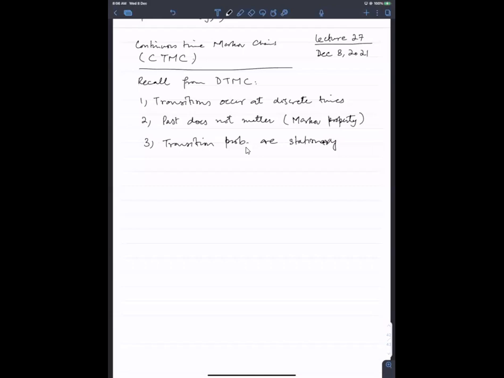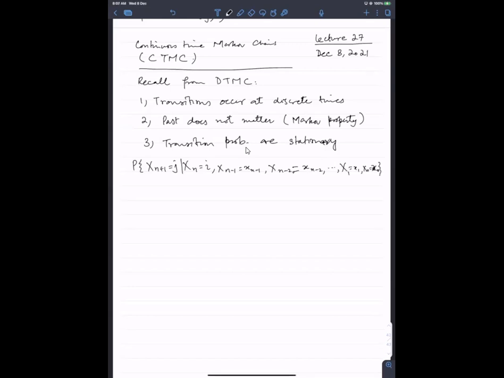So the way of representing the discrete time Markov chain was the probability that X(n+1) is equal to j given X(n) is equal to i, and given everything before: X(n-1) is equal to small x(n-1), X(n-2) is equal to small x(n-2), all the way down to X(1) is equal to small x(1) and X(0) is equal to small x(0).